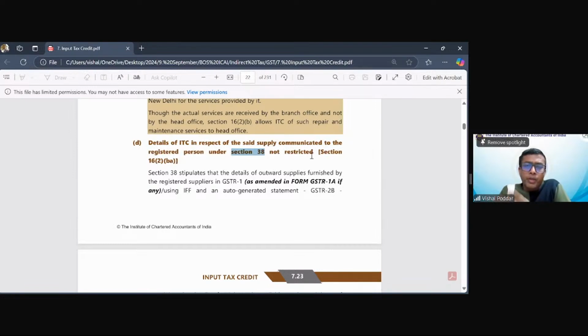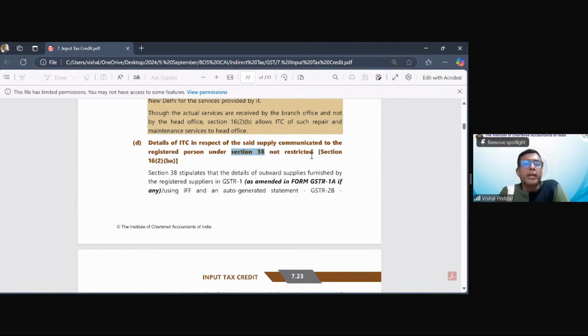In other words, if it is getting restricted in 38, if it is getting blocked in 38, you will not get the ITC. So indirectly, they are saying, now go and check 38 whether you are also complying with 38. If you are not complying with 38, your credit will be disallowed.